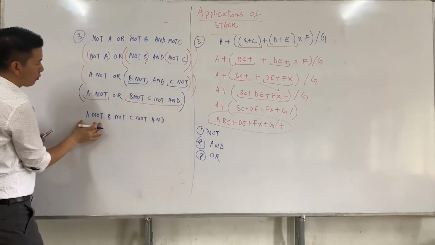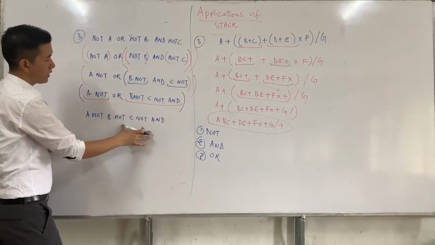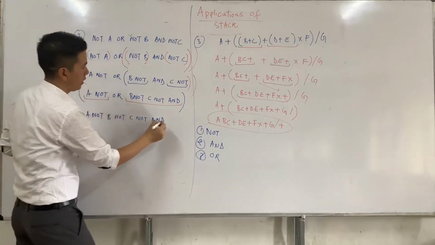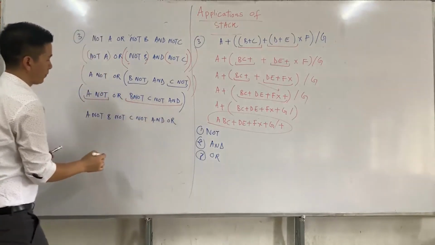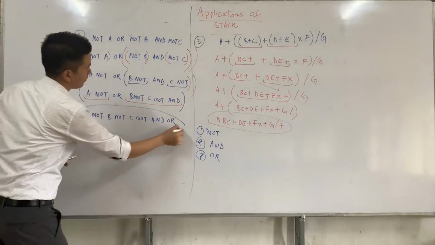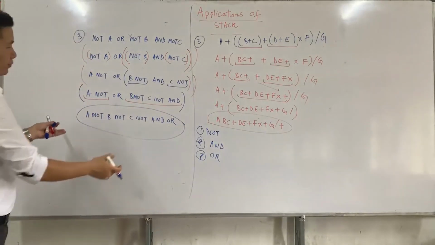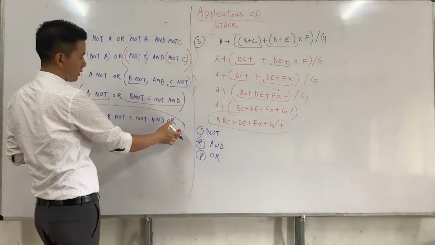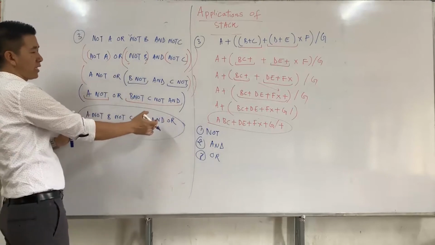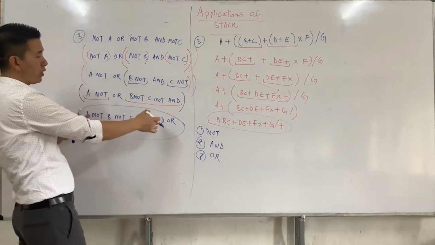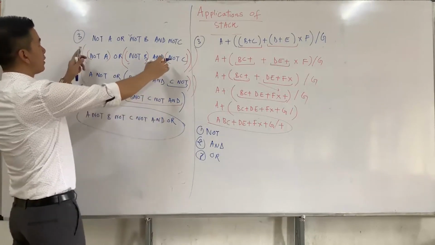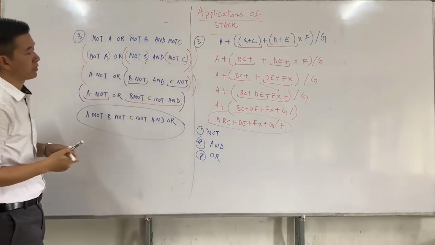This is the first operand, the second operand, and in between you have the OR operator, and then you will have OR here. So this is nothing but the equivalent postfix expression of this original infix.